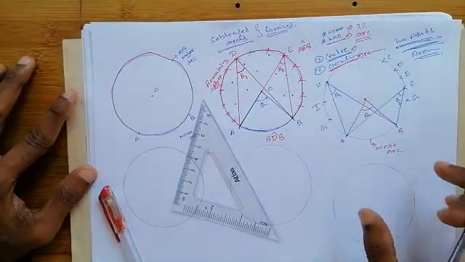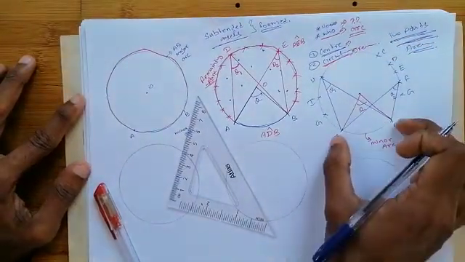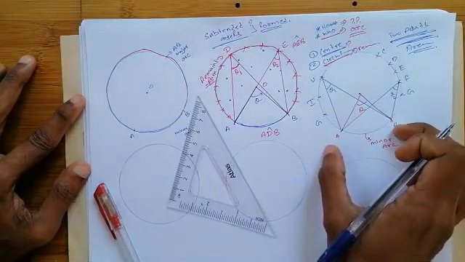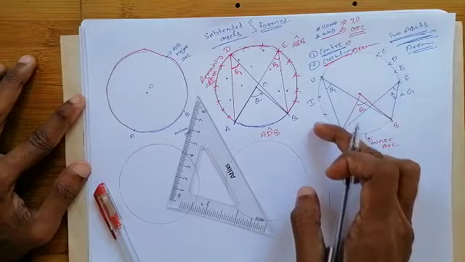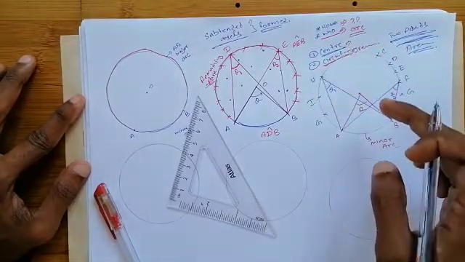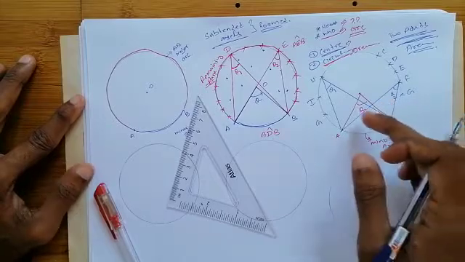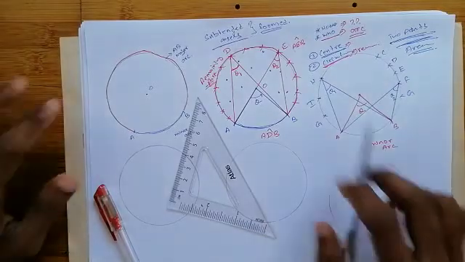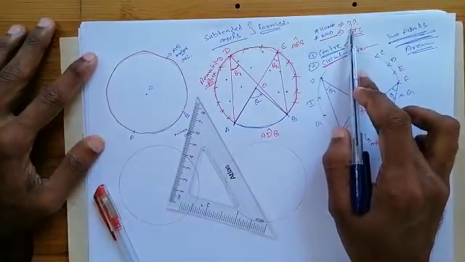In similar words, an arc can form so many angles at the circumference, at the remaining portion, but it can only subtend one angle at the center.